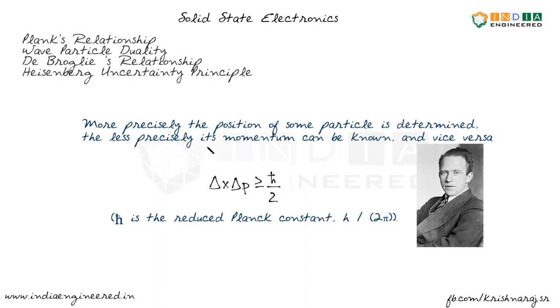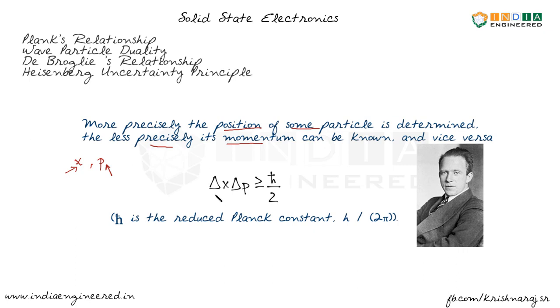Heisenberg's uncertainty principle states that the more precisely we look for the position of some particle, the less precisely we can deduce its momentum. So if x is the location and p is the momentum, the more precisely we determine the position of a particle, the less precisely we can find its momentum.